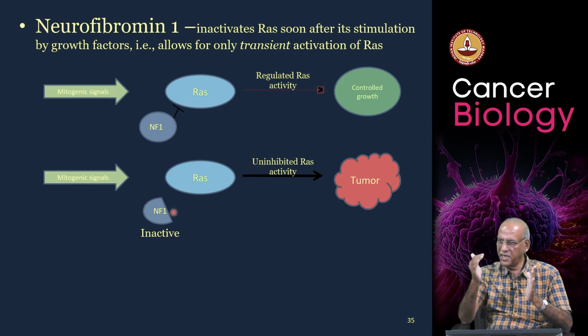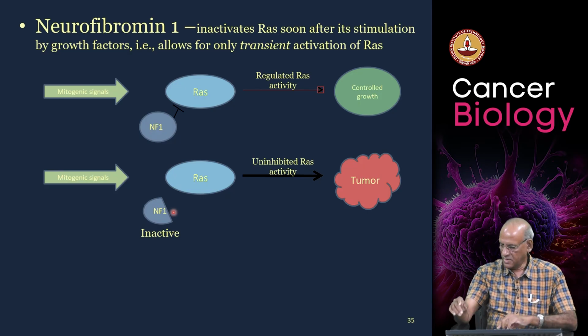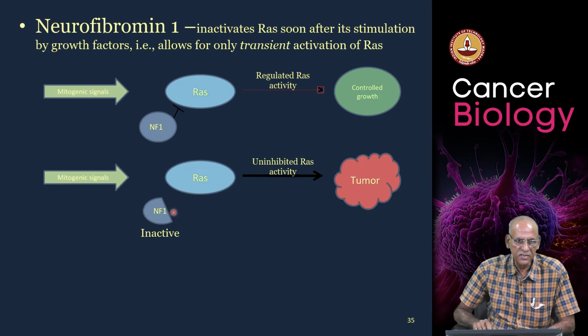It inactivates RAS, or it inhibits RAS. Now, in cancer, NF1 is inactivated. So, if you inhibit an inhibitor, then RAS is uninhibited, and so that leads to tumor. That is what is shown in this slide. I hope you understand that.